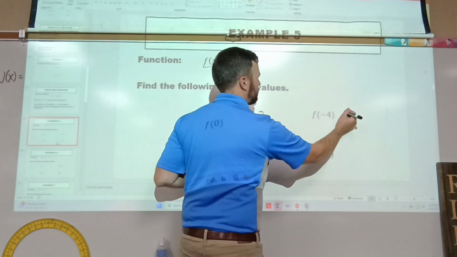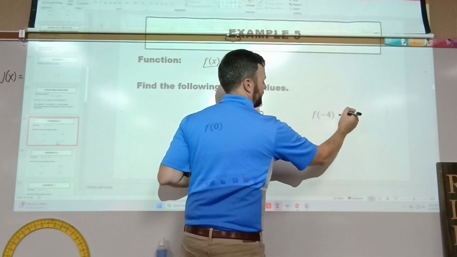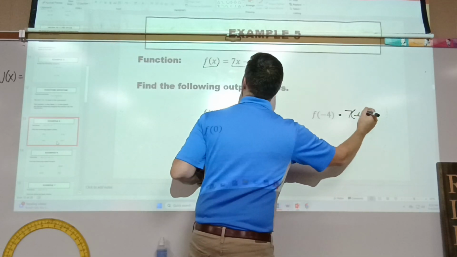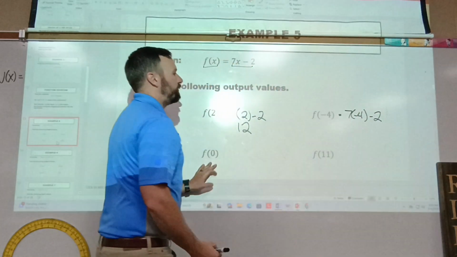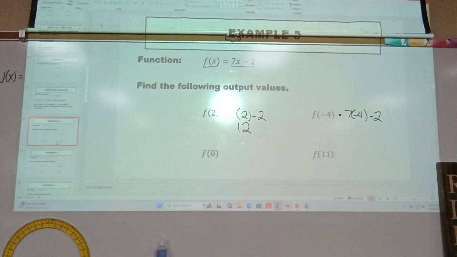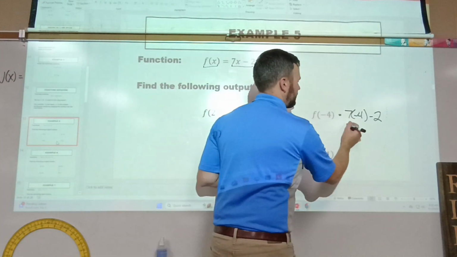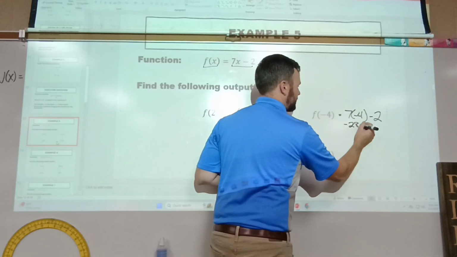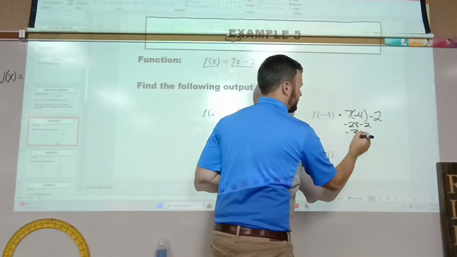Everywhere I see an x, what do I plug in? Negative 4. Never stop using parentheses to plug stuff in, okay? No matter what level, no matter what you're doing for math.